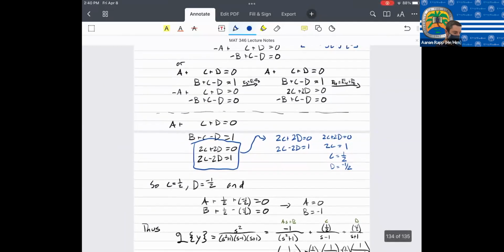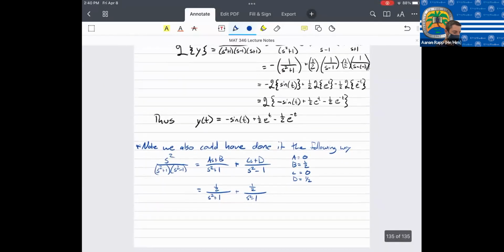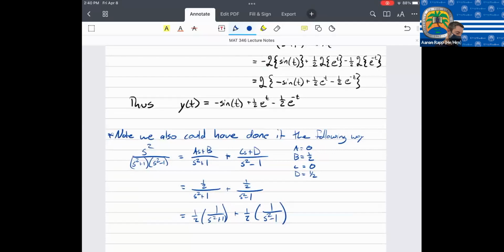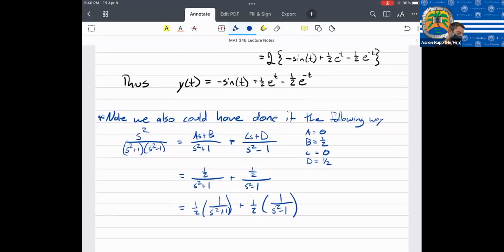Did we do anything wrong with solving the system of equations? So we must have made a boo-boo with our system of equations.